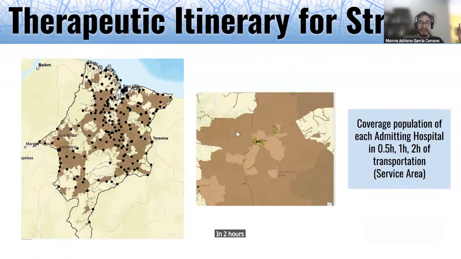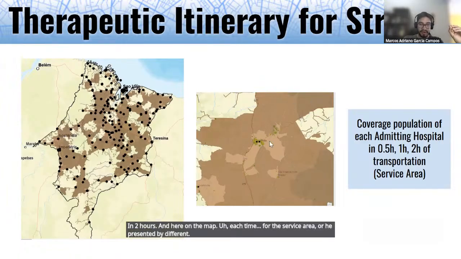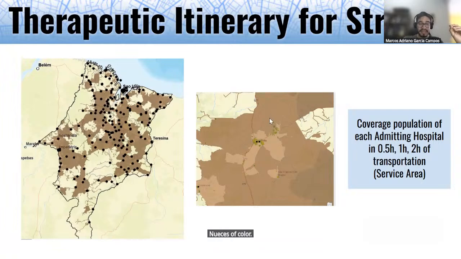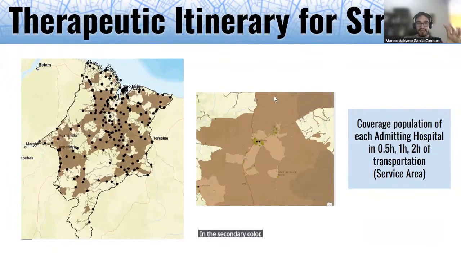On the map, each time for the service area is represented by different shades of brown. In the clear area, I have the people living within 30 minutes of the hospital. In the secondary shade of brown, I have 1 hour. In the darkest color, I have the 2 hours to reach the admitted hospital.